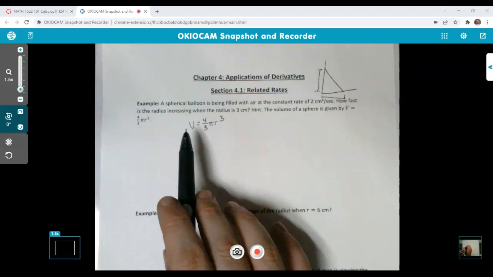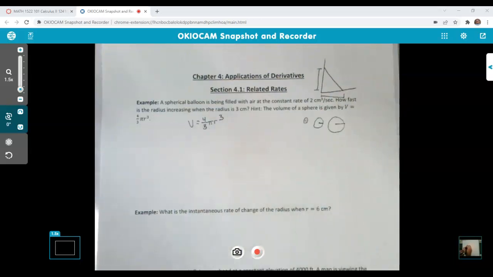Well, not only does the volume increase, but so does the r, right? Because if I start out pretty small, and then I blow in air, it's going to grow, so r will grow. And then I do more, it's going to grow even more, r will grow too. So V and r are going to both change, okay?